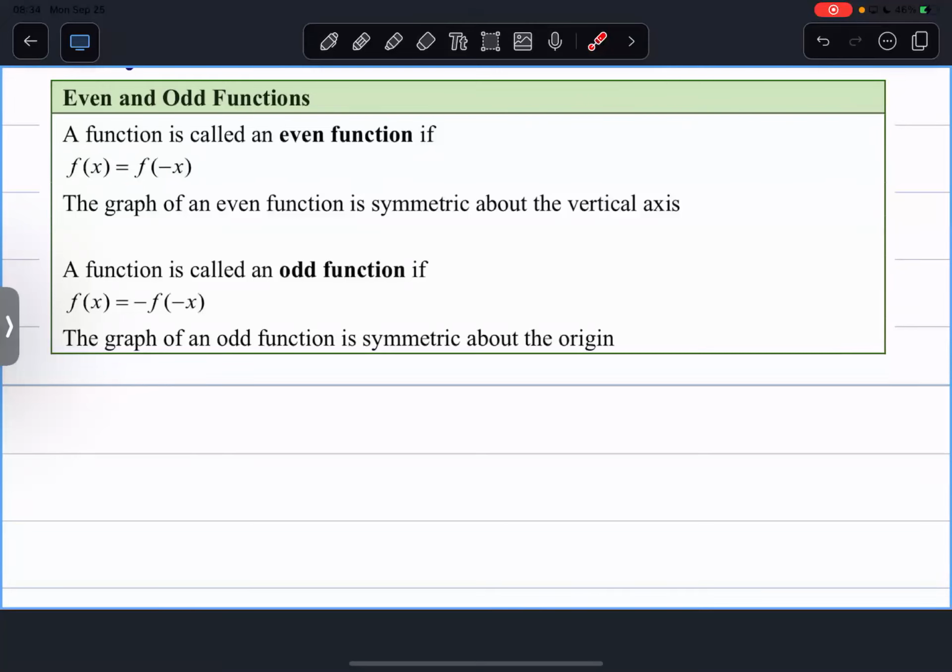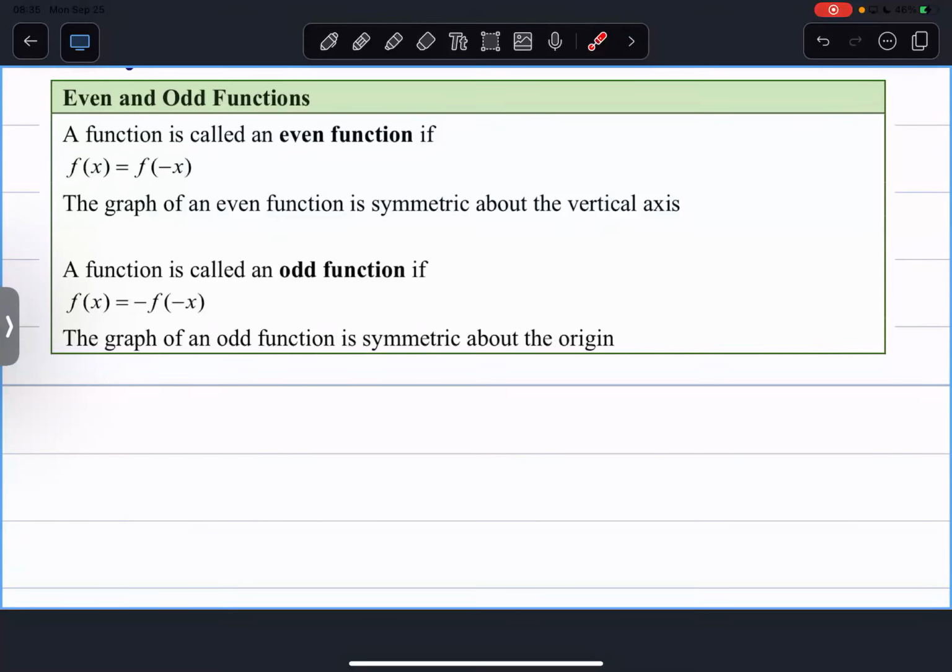And so the graph of an even function is symmetric about the vertical axis, which is the up and down one. X squared, for example. Hey, why didn't it work? Oh, because it flipped.